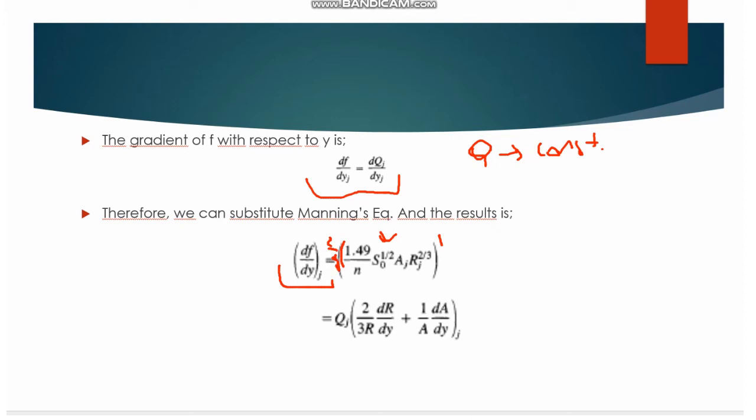It is going to be Qj, again by itself, times 2 over 3R dR dy plus 1 over A dA dy. Interested readers can take this derivative, and they will see that they obtain this equation.